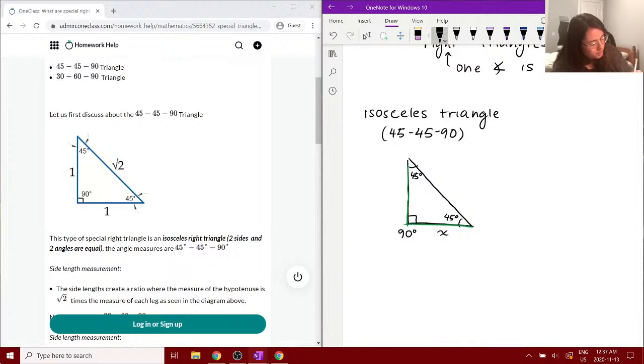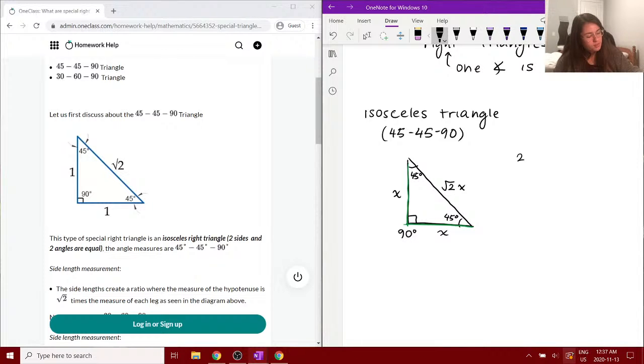They should both be x long, and this length here, opposite from the right angle, will be root 2 x long, okay?